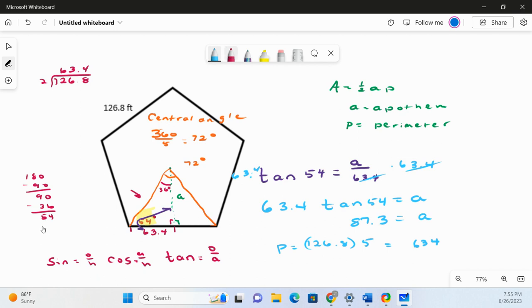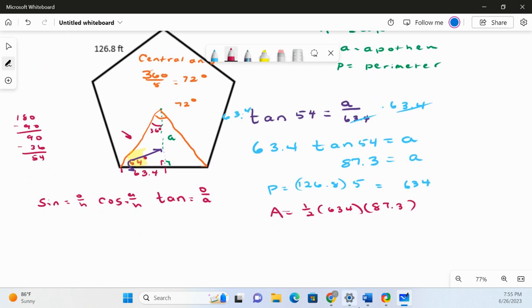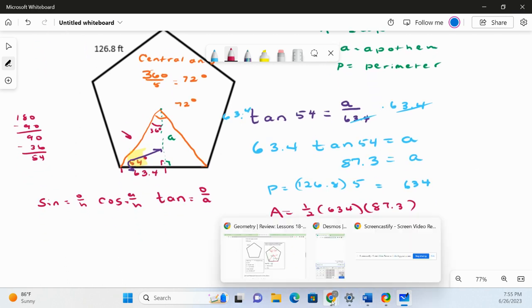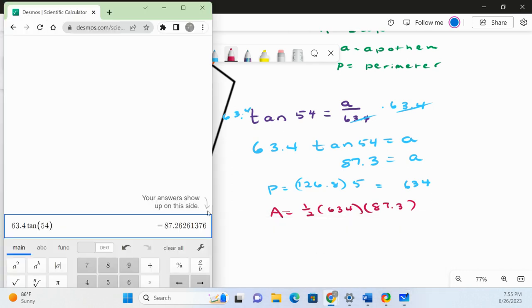Now I can find my area just by going A equals 1/2 times 634 times 87.3. And actually, I should have these backwards, but it doesn't matter. Multiplication is commutative, so we're good. All right, so now again, just bring out your calculator.